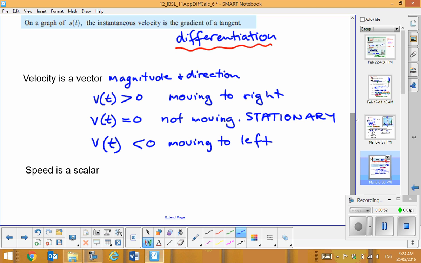There's no direction. It's always greater than or equal to 0, always positive or 0. How fast are you going? That's a speed question. What is your velocity? That's a vector question. It wants a magnitude and a direction.